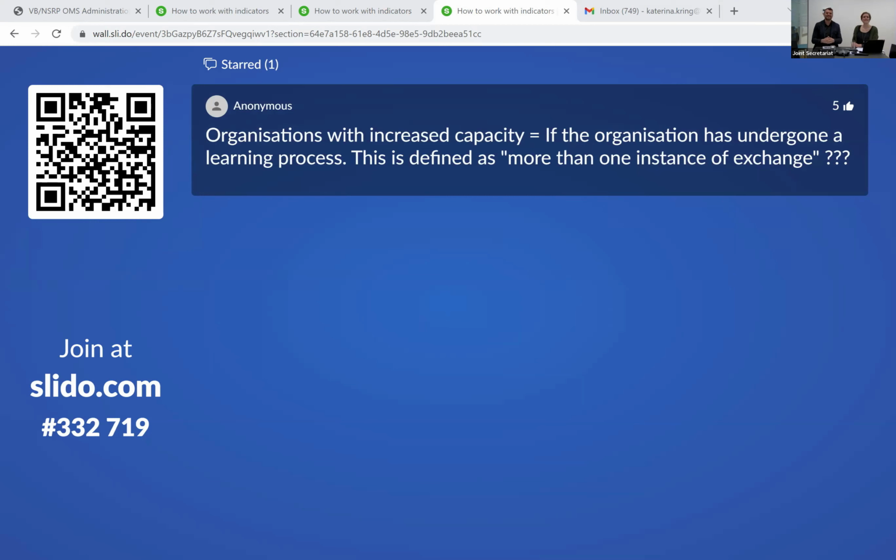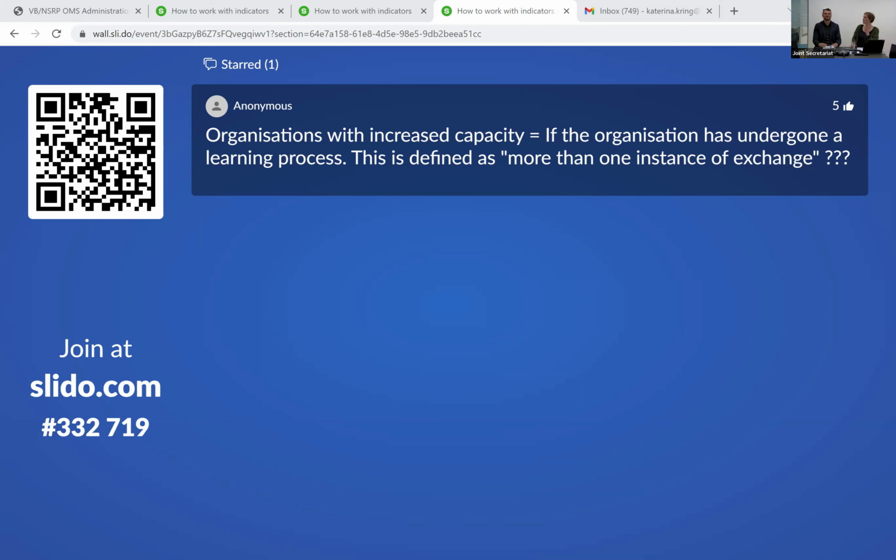Again, about the capacity building one, organizations with increased capacity. If the organization has undergone a learning process, this is defined as more than one instance of exchange. I guess the last bit is taken from our fact sheet. And yes, if it's taken from our fact sheet, then that is the case.